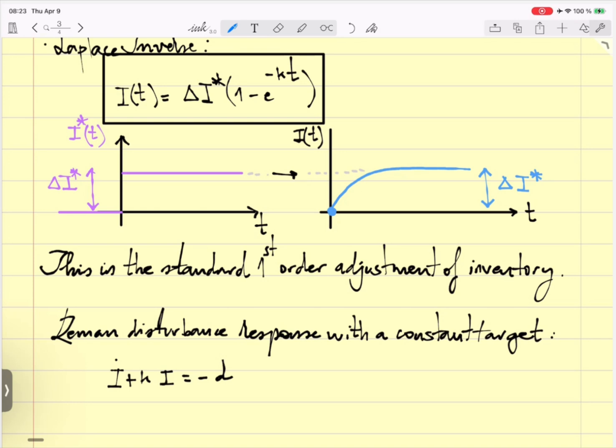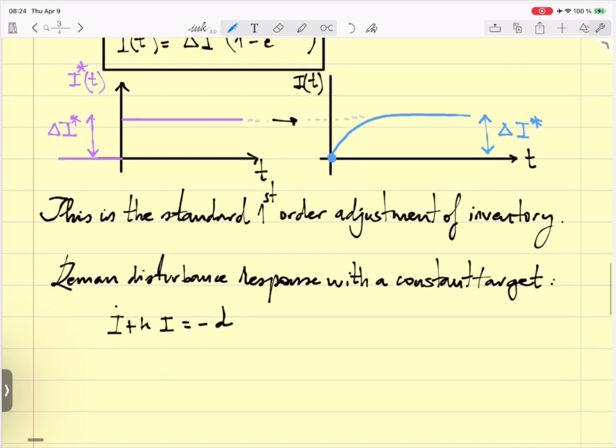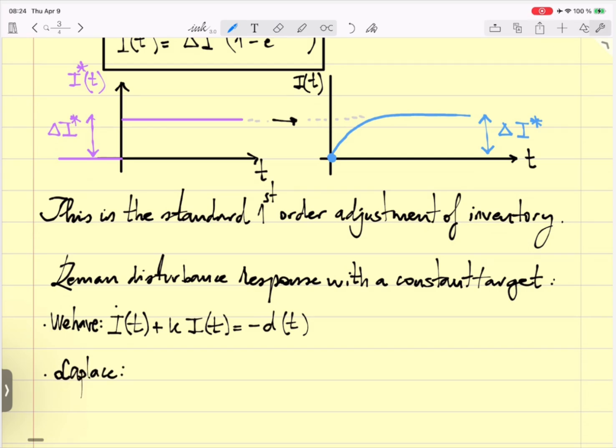So what we get is this equation in the time domain. We apply Laplace, so we have I of s divided by d of s equals minus 1 divided by s plus k.